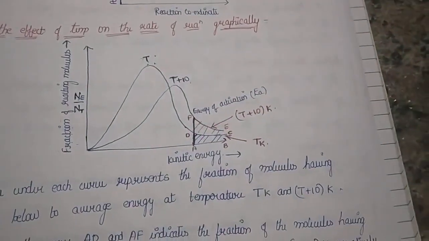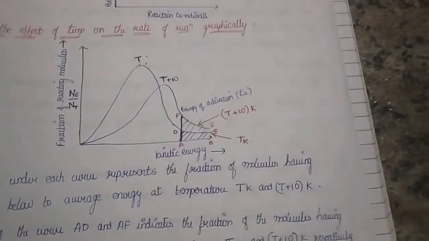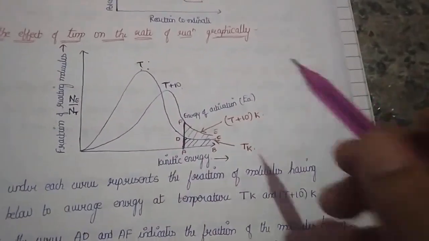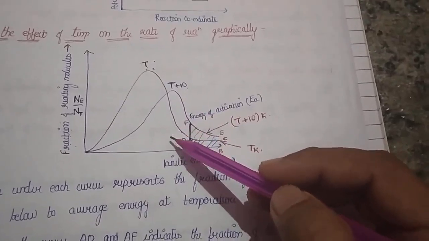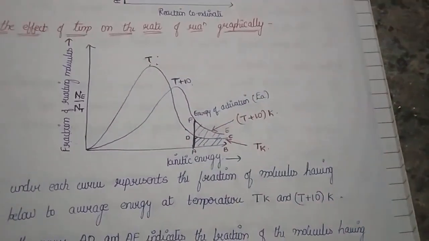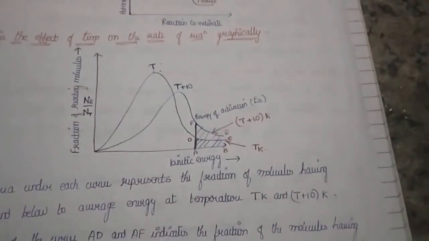Please mark my points. On increasing the temperature, there is a shift of your energy curve to higher energy. So of course, the fraction of molecules is getting extra energy. Able to understand?